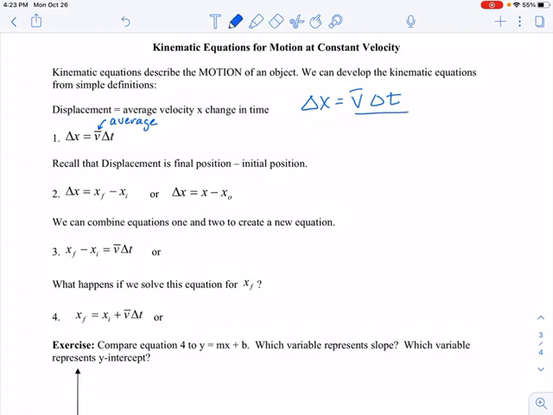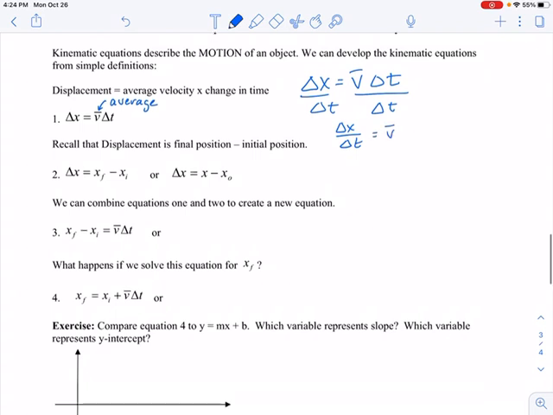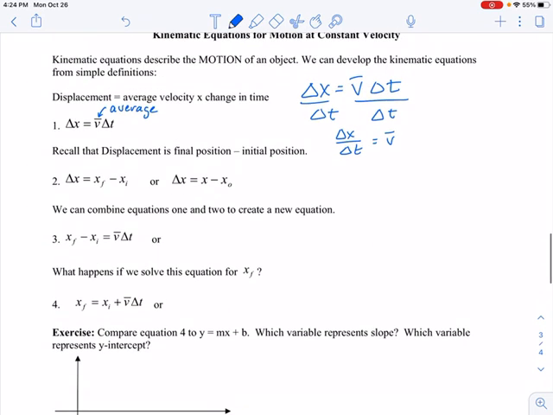I guess in my first go around here, I should be extra careful. So if I were solving for average velocity, I would divide both sides by time, and I would get that delta x over delta t equals v bar. And I know that I can turn that equation around. It's still the same equation. I can write v bar equals delta x over delta t. It's a good thing to be able to practice.